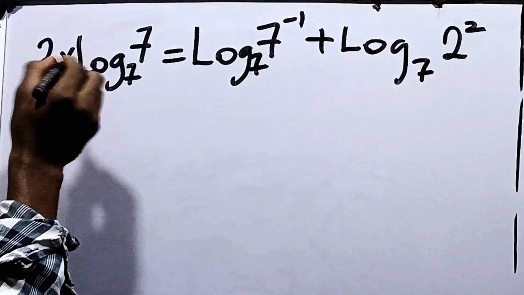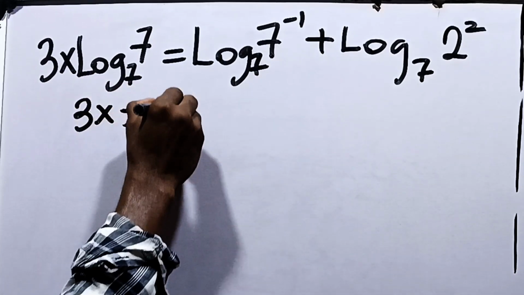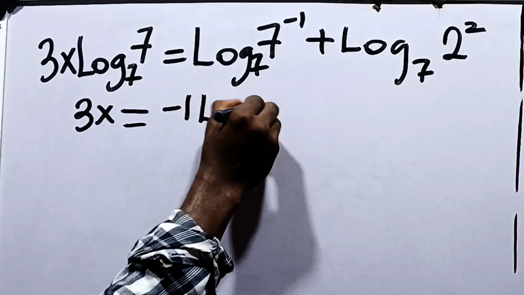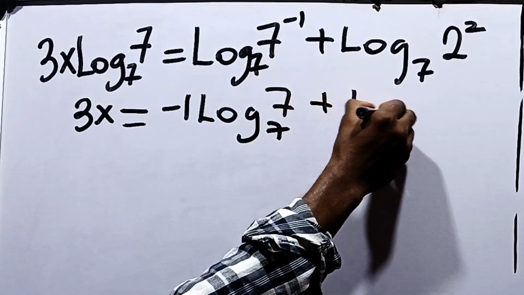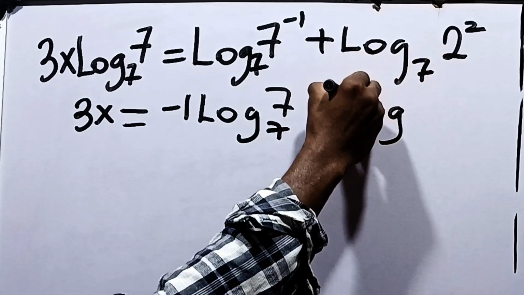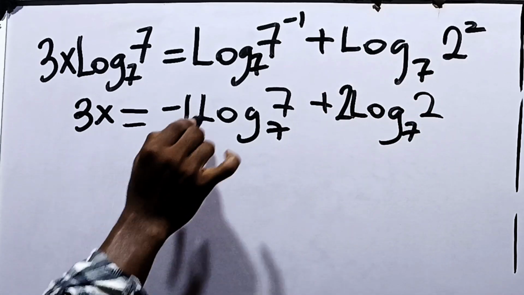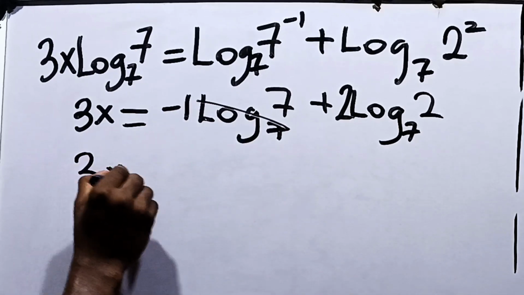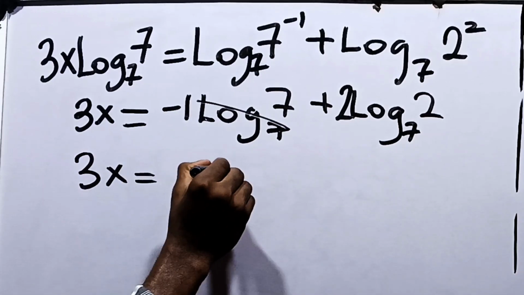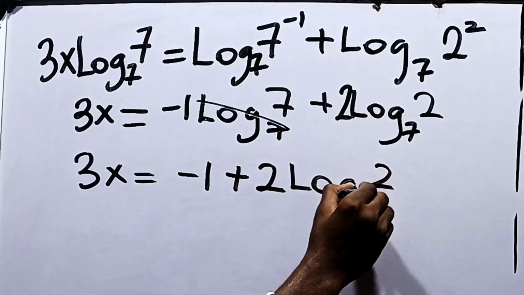So we have 1 times 3x, which is 3x, equal to minus 1 multiplied by logarithm of 7 to base 7, plus logarithm of 2 squared, which can be written as 2 times logarithm of 2 to base 7. Now, logarithm of 7 to base 7 is 1 again, so we have 3x equal to minus 1 plus 2 times logarithm of 2 to base 7.